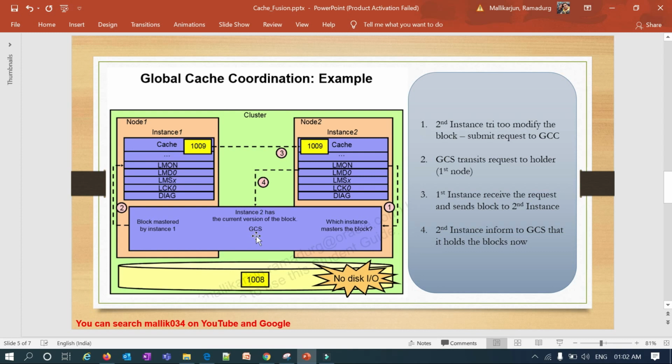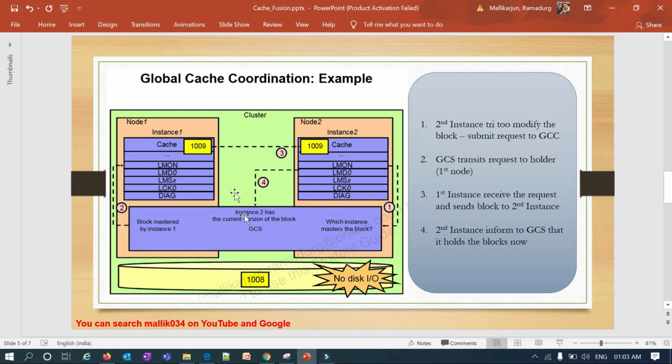My GCS talks to all the instances, and it knows that instance 1 is holding this particular block, so GCS transmits that request to the holder, that is node 1, instance 1. My first instance receives that request from the GCS and sends that particular block to instance 2.